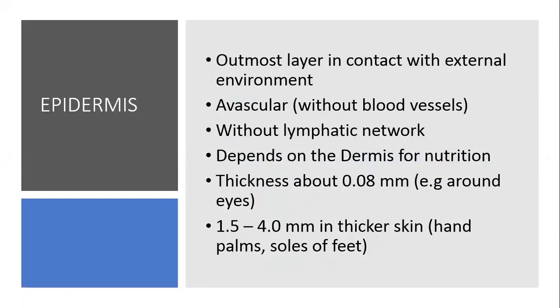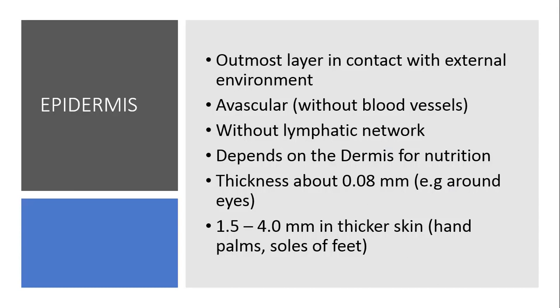Okay. So when we break it down and look at the epidermis, we will see that the epidermis is the outermost layer of the skin. And this is the layer of the skin that is in contact with the external environment. The epidermis is avascular, meaning that it is without blood vessels. It doesn't have any lymphatic network.